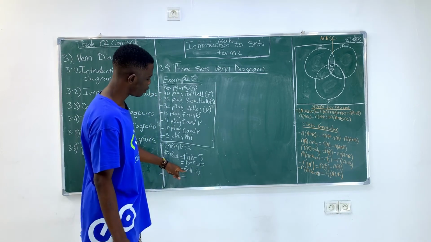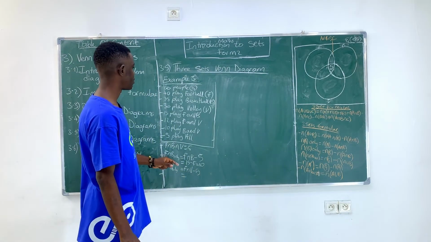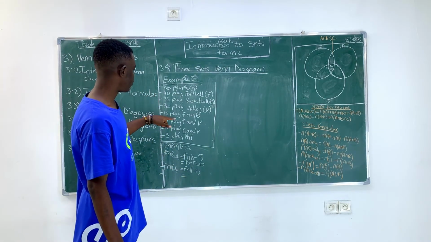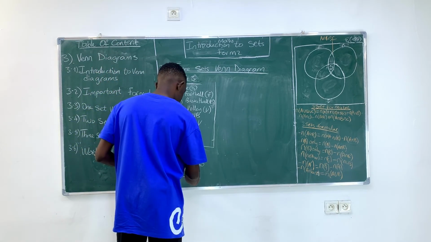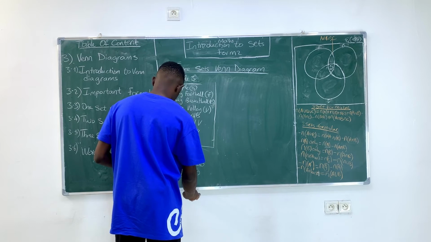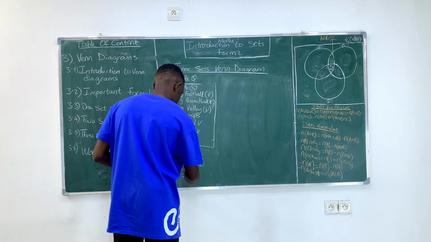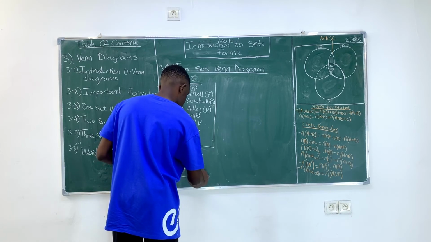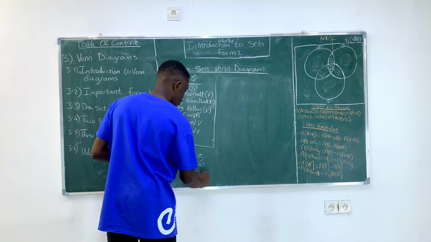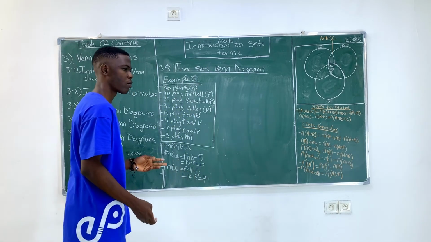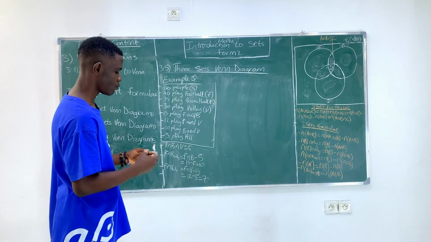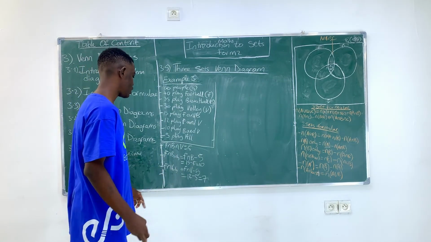Football and volleyball is 12. 12 minus 5 is equal to 7. That's football and volleyball only.